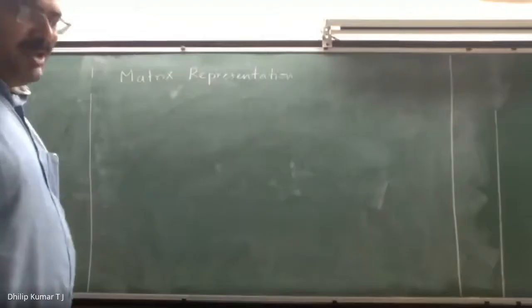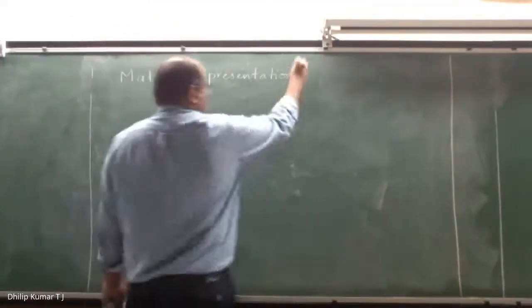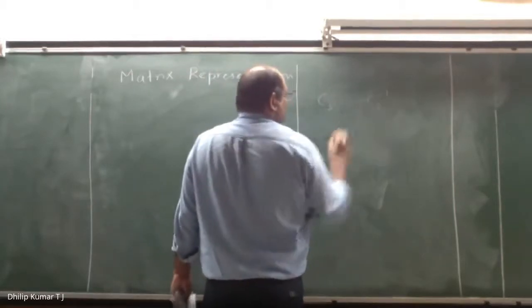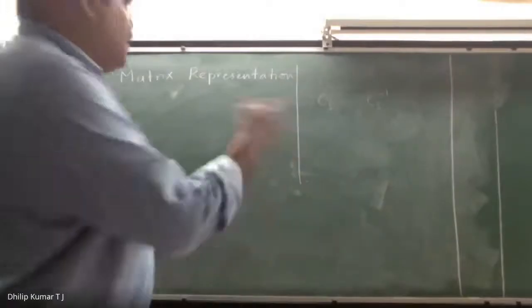Sir, I want to ask a question: is the inverse defined for a symmetry element or a symmetry operation? It's a symmetry element. So what will be the inverse of C3? What do you mean by C3 inverse? It's basically coming back.